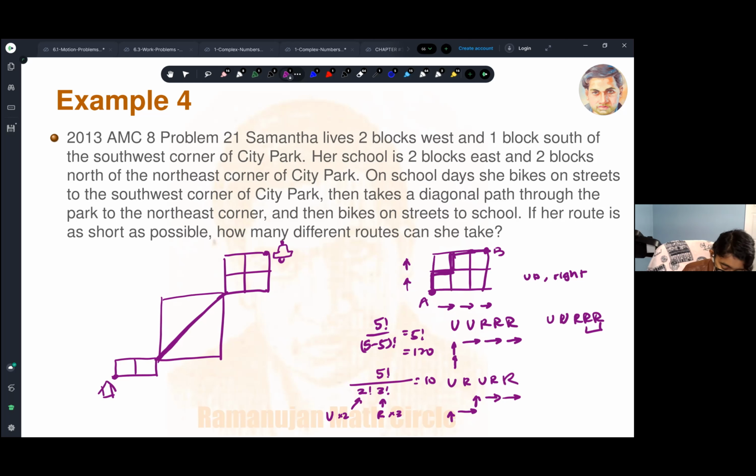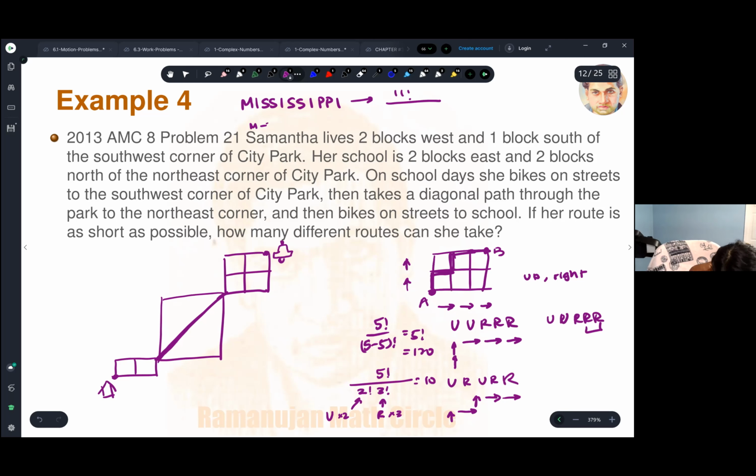In general, when you're trying to arrange letters, for example Mississippi, which is a really common one, there are 1, 2, 3, 4, 5, 6, 7, 8, 9, 10, 11 letters.